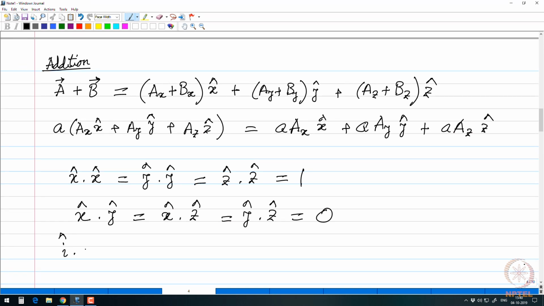So, in a more compact notation, we can write i cap dot j cap equals Kronecker delta i j. Now, i and j can take values from x, y and z.